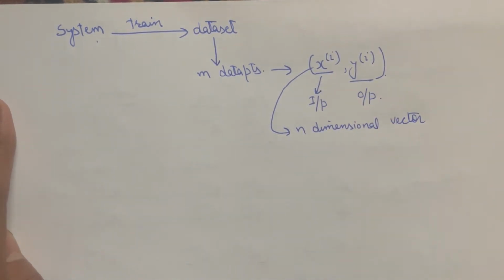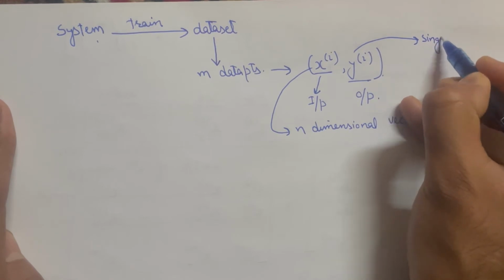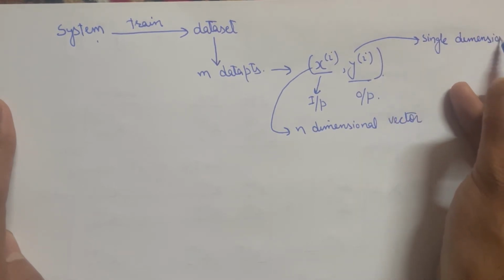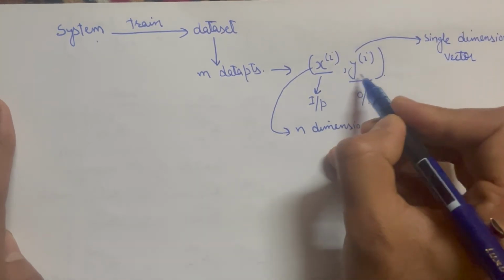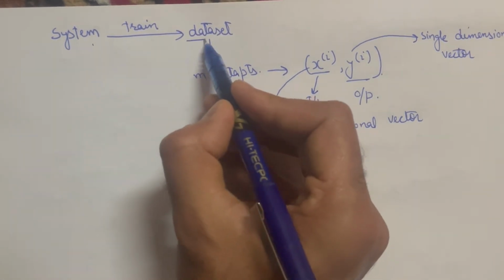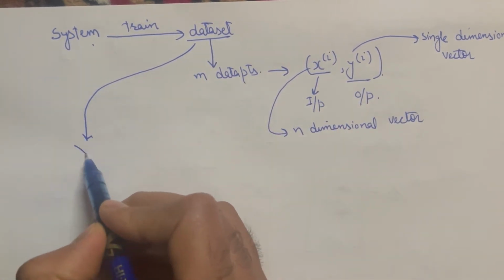So n can be anything, 1, 2, 3, 4, anything, and y is a single dimensional quantity. So it is a single quantity, not a vector. We can also say that it is a simple number. And this data set can also be represented like this: X matrix.